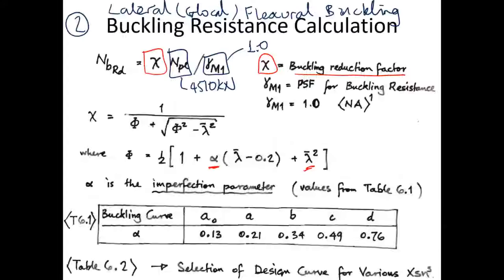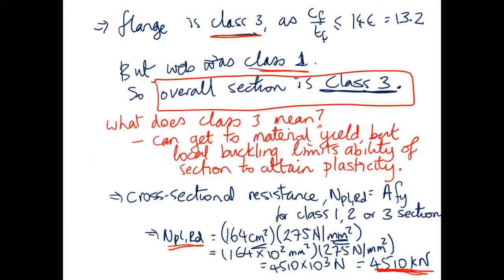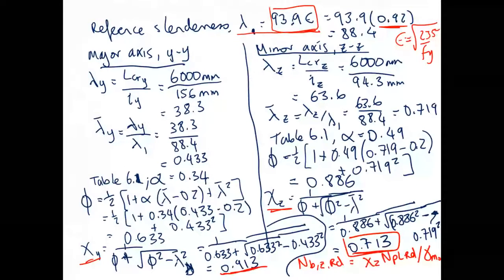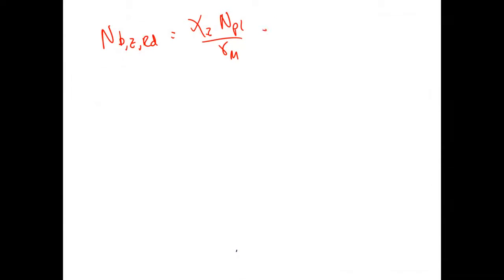So let's just go back and find out what the cross-sectional resistance is, which is 4510. So that's equal to 0.713 times 4510, I think it was, divided by the material factor of safety, which is 1.